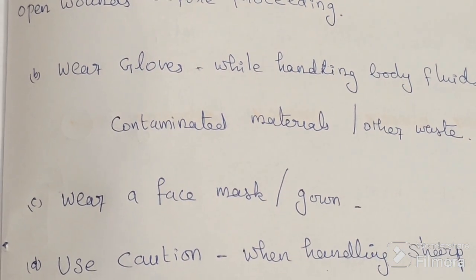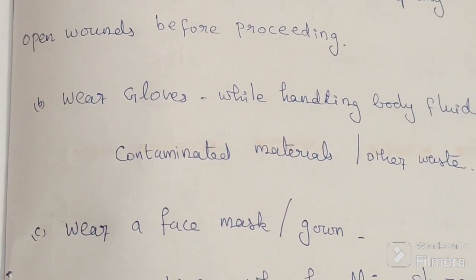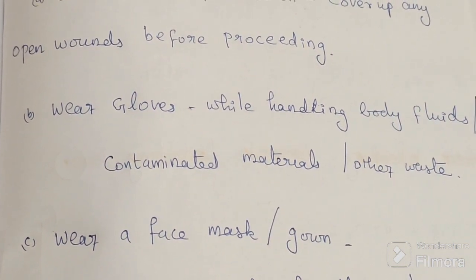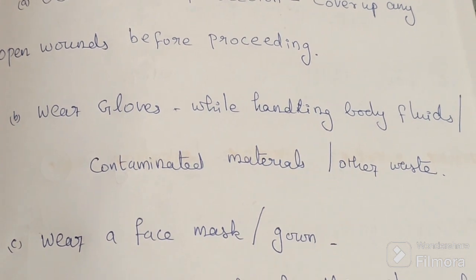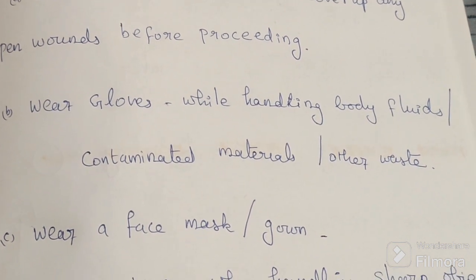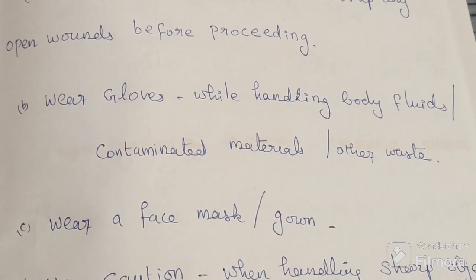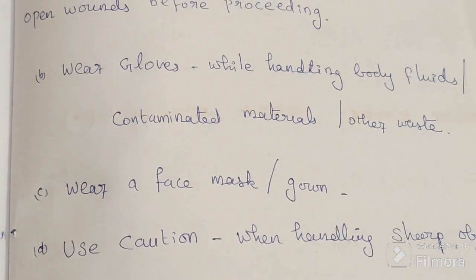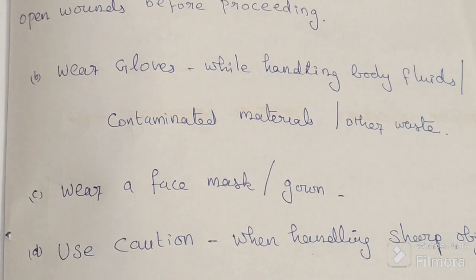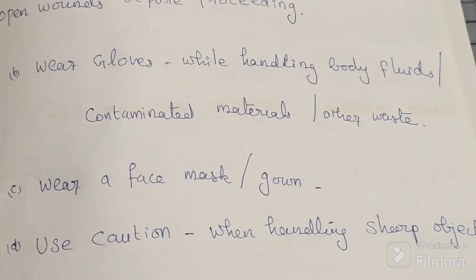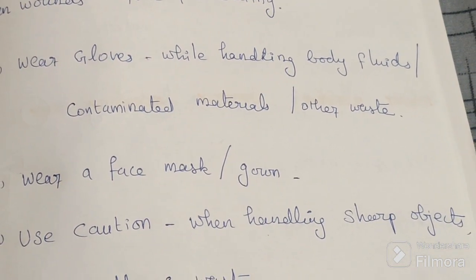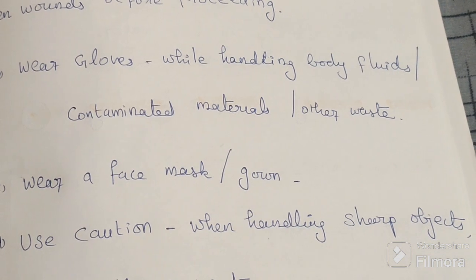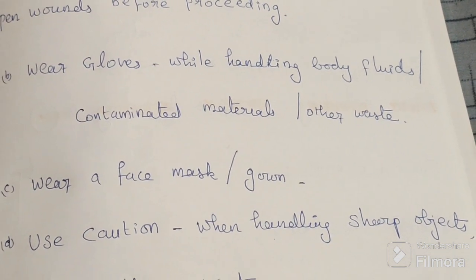Third one is wear a face mask or gown. Without wearing a face mask or gown, you never take any samples. Then we should use caution, because while handling sharp objects like needle, syringe, or some other things, we should take some caution.